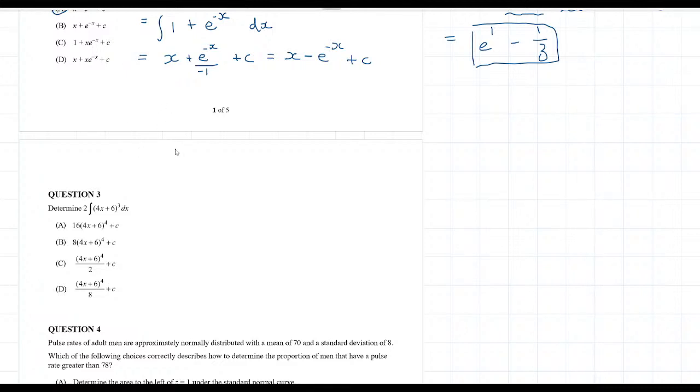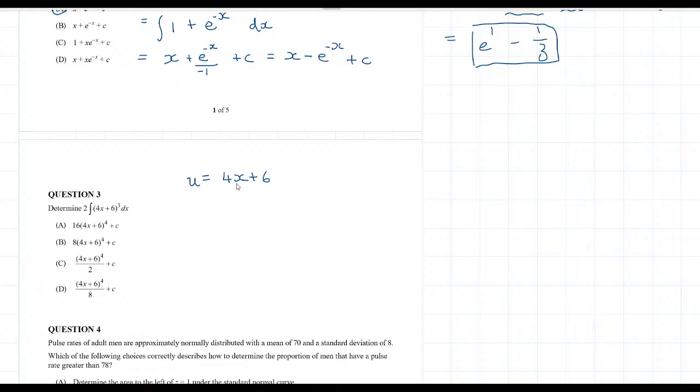So here we're integrating a bracket. So what we can do is, there's one way to do it where we let everything inside the bracket equal u. We can do this without assigning this, but this is just a nice simple method that we can use on any function that has brackets.